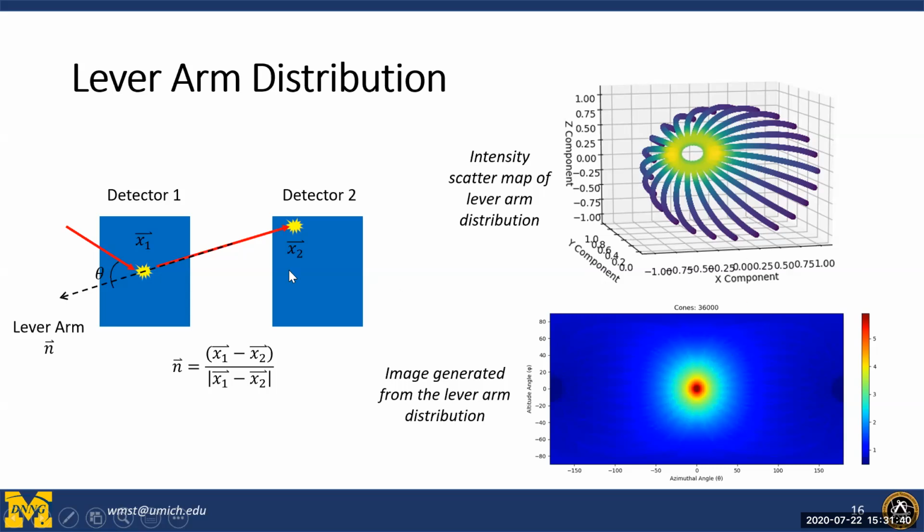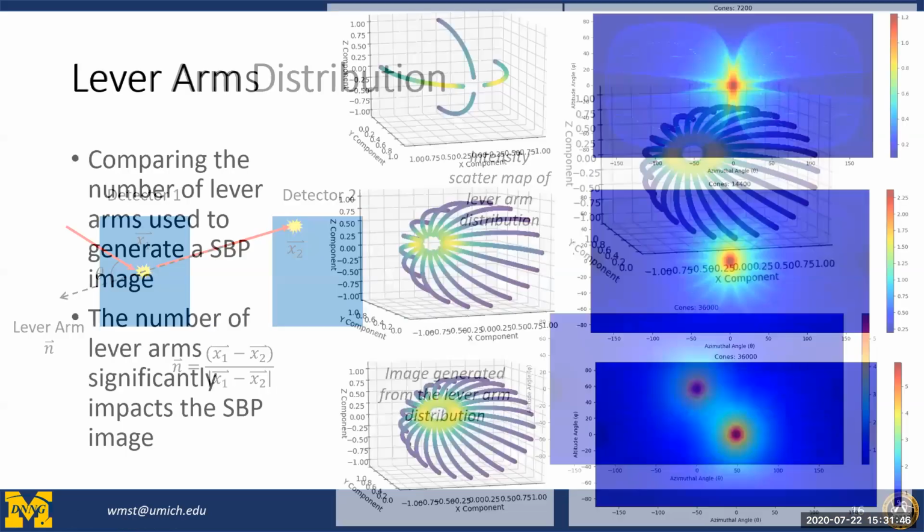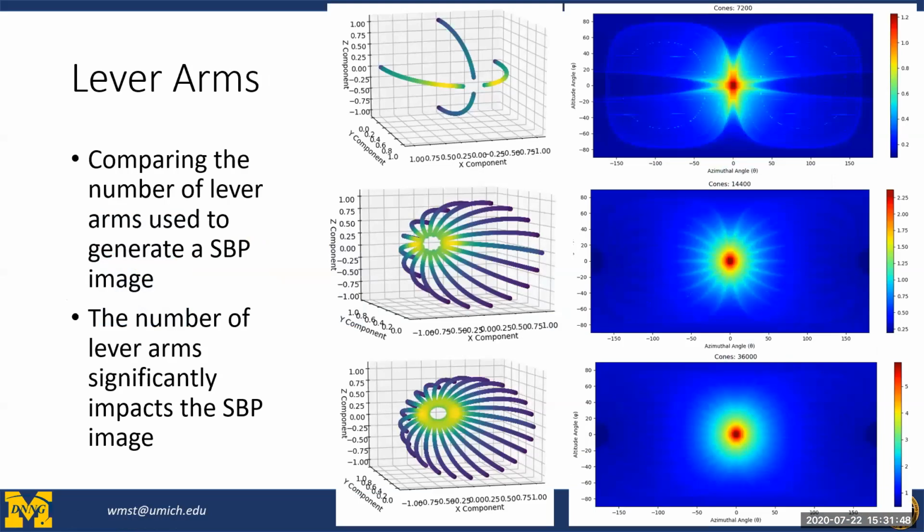So the question becomes, what happens when we limit that symmetry around our system? And we get some very interesting effects. The first one here, you can see we have 4 lever arms, such that we are only projecting events in 4 directions. So all of our cone projections are along the azimuthal and altitude along 0, 0.